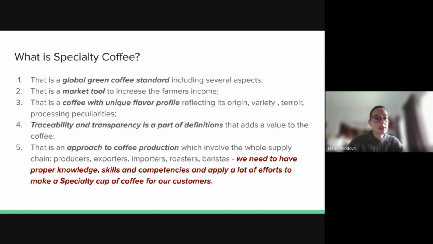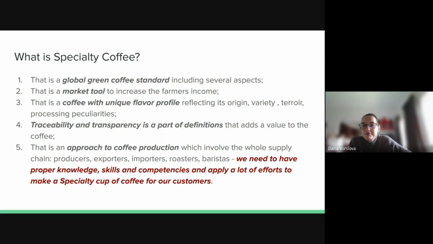And the last thing, and also important to mention here, and it's really important to emphasize, is that specialty coffee is an approach to coffee production. And it doesn't refer only to coffee farmers.